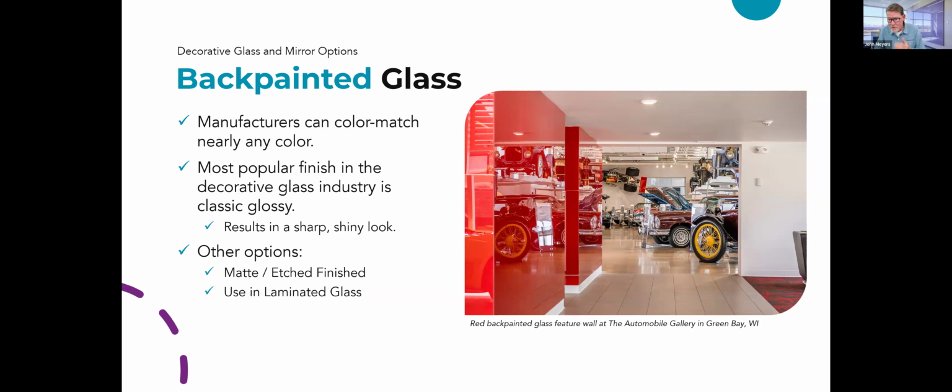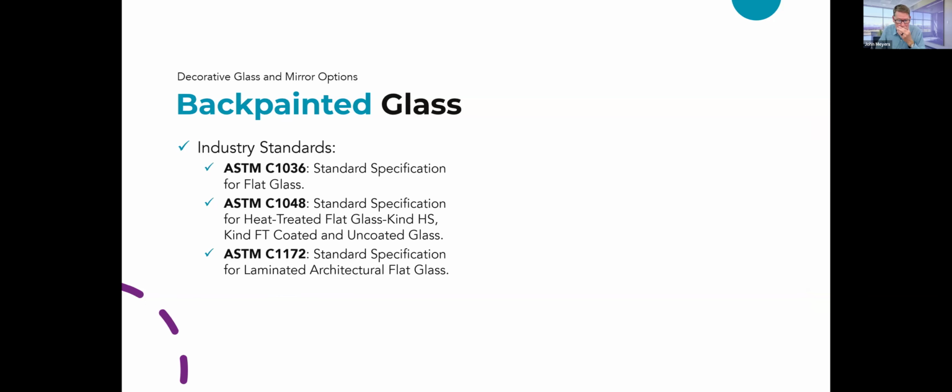And of course, this example is a red back-painted glass at the Automobile Gallery in Green Bay, Wisconsin. The industry standards for back-painted glass are ASTM C1036, C1048, and C1172. That's for laminated, going backwards, laminated, heat treated, and then the standard flat glass.